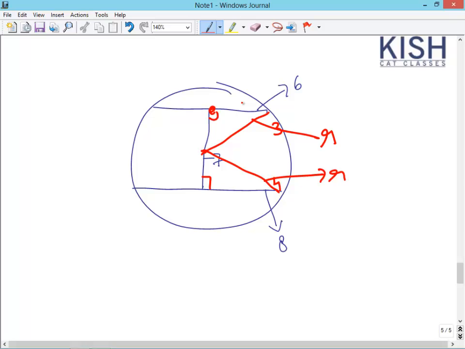Now r square minus 4 square equals, let's say this one is x, this one is 7 minus x. So you find it as 3 and 4. Now if it is 3 and 4, what is the radius? 5. That's it.